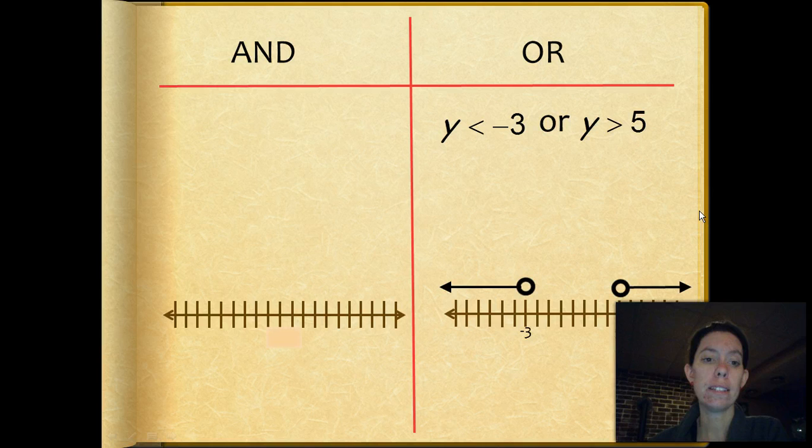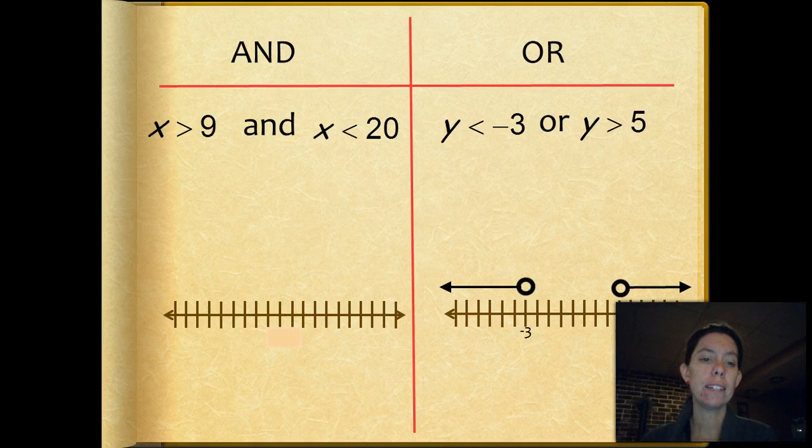And inequalities, here's an example, could usually be rewritten with the idea that the numbers are between. So between 9 and 20 is another way to say that a number is greater than 9 and less than 20. To rewrite an and inequality as a compound inequality, you can kind of squish it together into one statement.